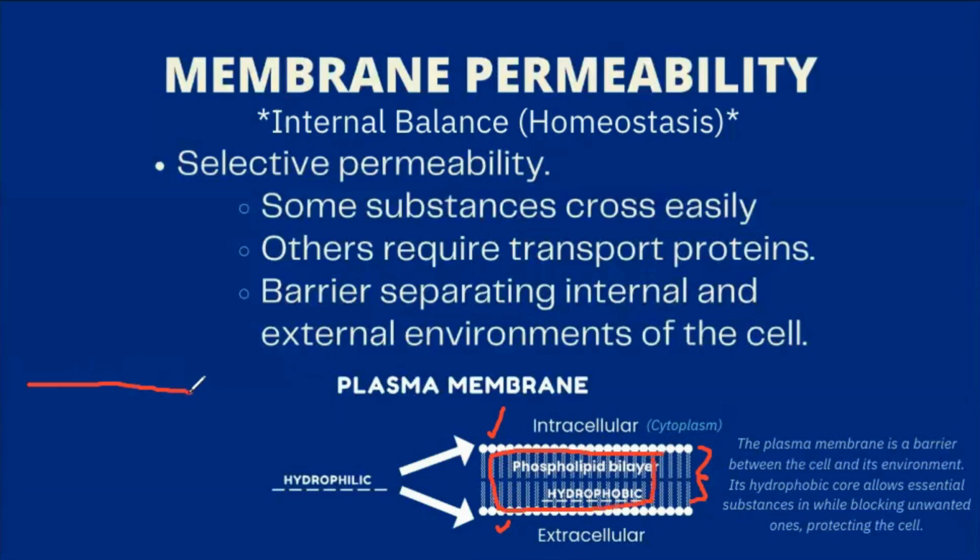I want you to think about that for a second. Say you have a water-like substance that needs to get from one side of the cell to the other, from inside to outside. If it's going to go through this barrier, it's not going to want to stay inside that little spot, that hydrophobic area. It's going to want to go to the other side.